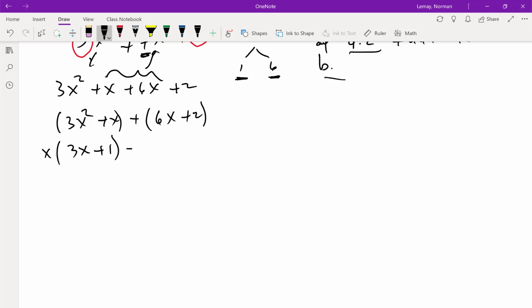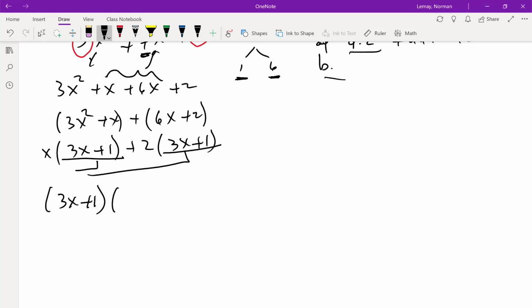And over here, the greatest common factor is 2, so I'm left with 3x plus 1. We've seen this before, so notice we have these two, and we can pull those out. So we get 3x plus 1 times what's left over, x plus 2. And that gives us our solution.